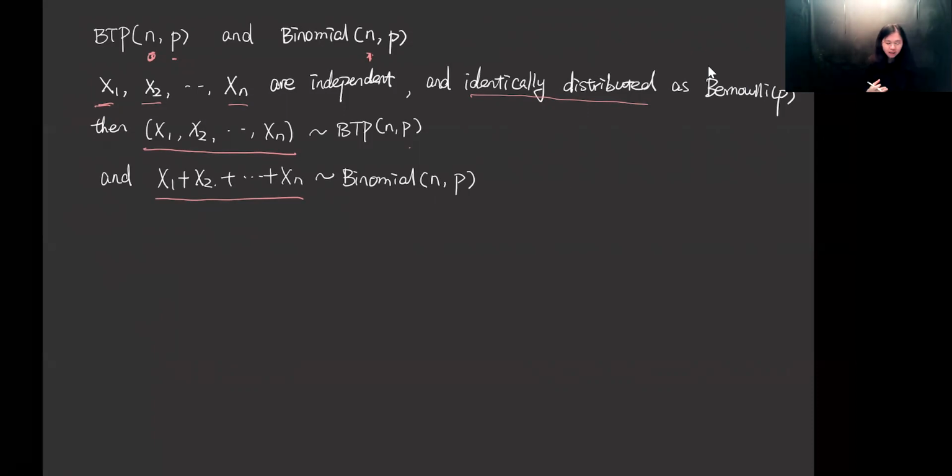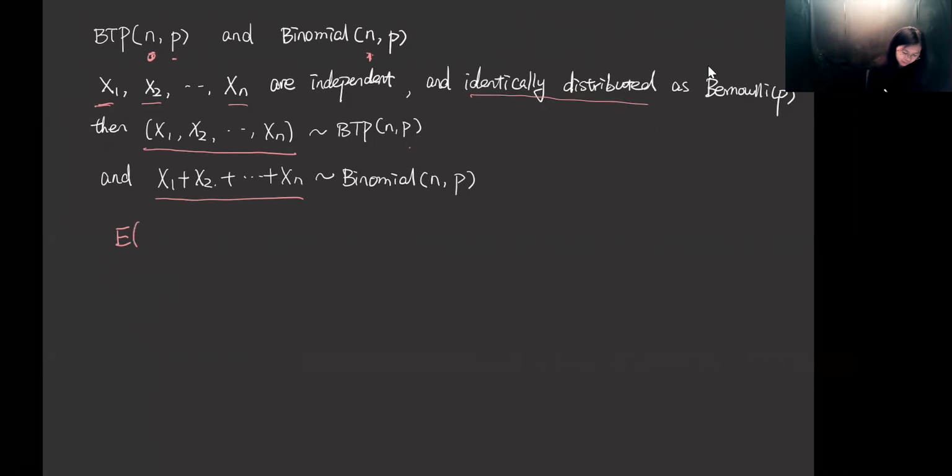Before trying to figure out the probability mass function of this binomial n, p distribution, we see that it's actually not necessary to get the probability mass function first in order to get the expectation and variance.